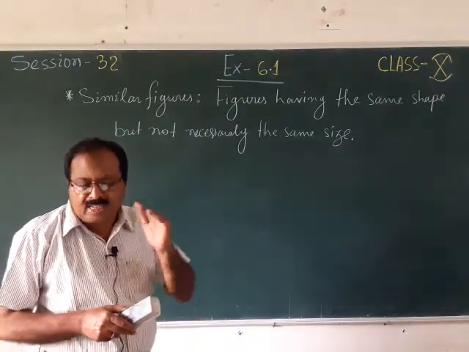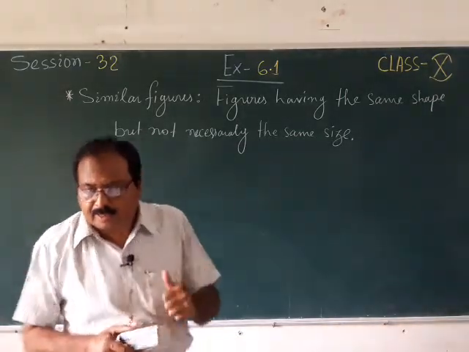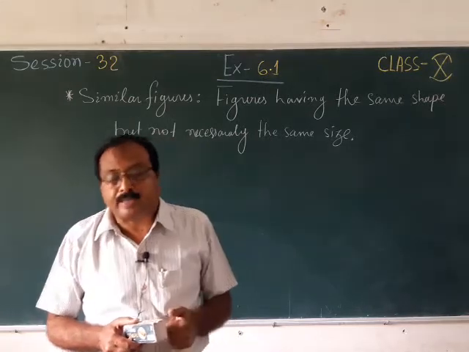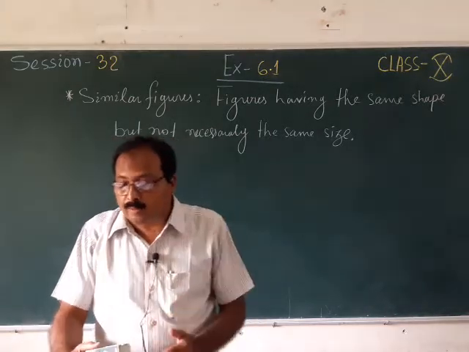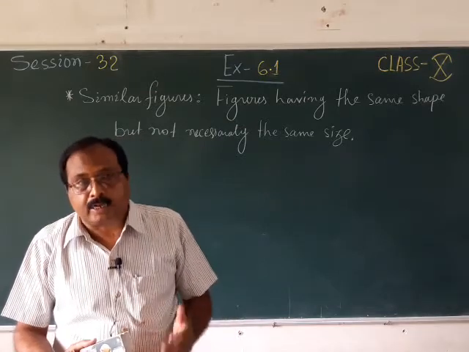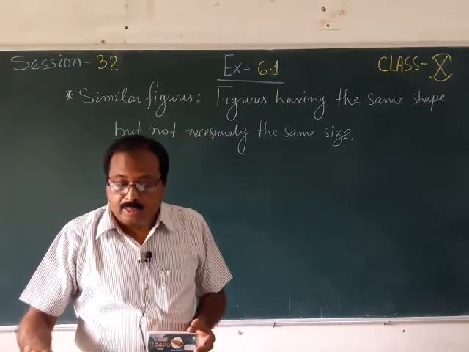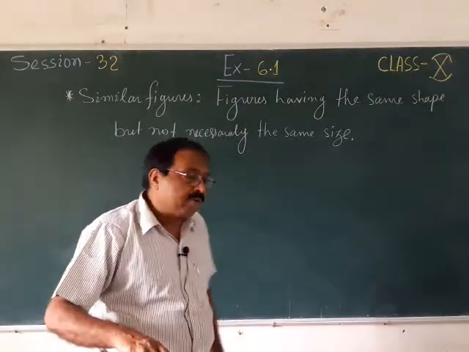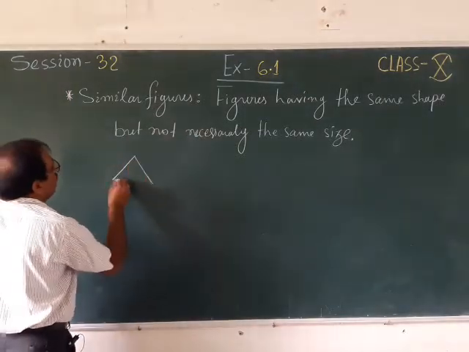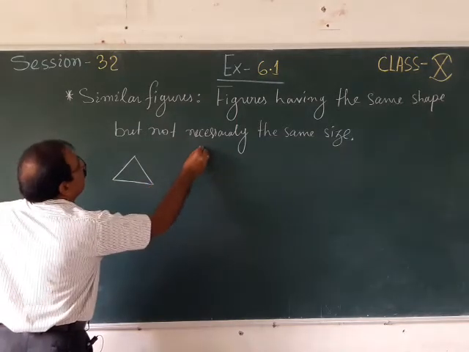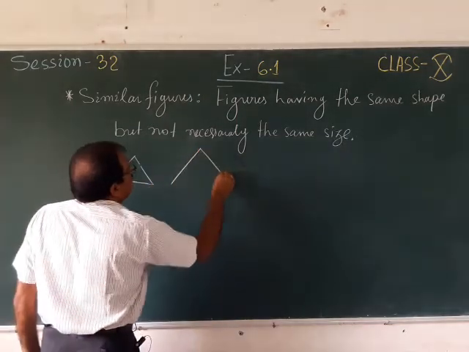Okay. In particular, we shall discuss the similarity of triangles and apply this knowledge in giving a simple proof of Pythagoras theorem later. Now, about similarity, suppose I am drawing two triangles. Here one triangle and here another triangle.